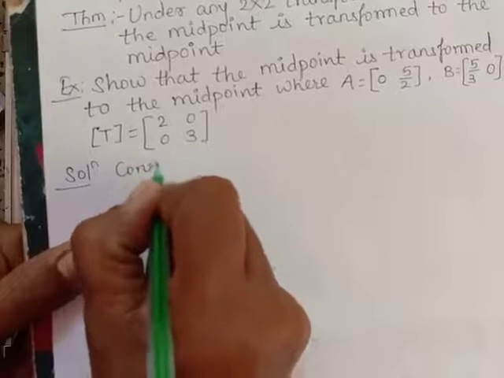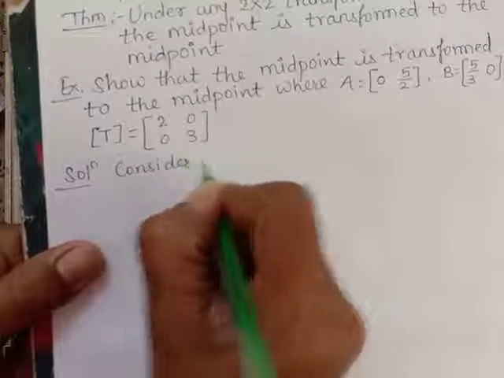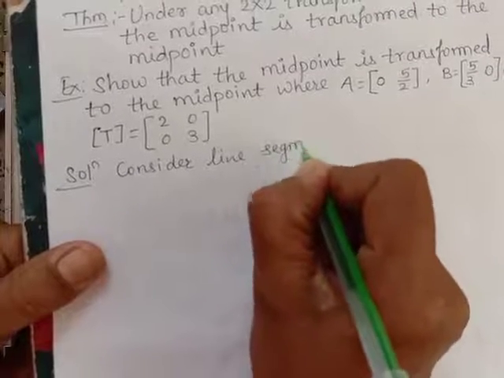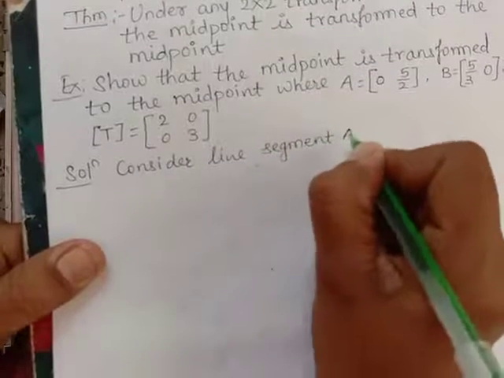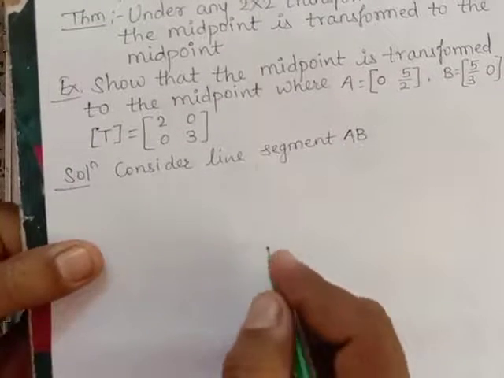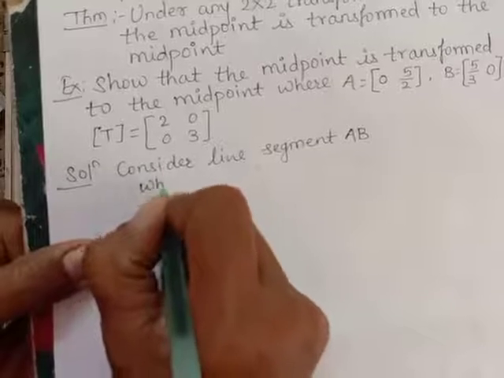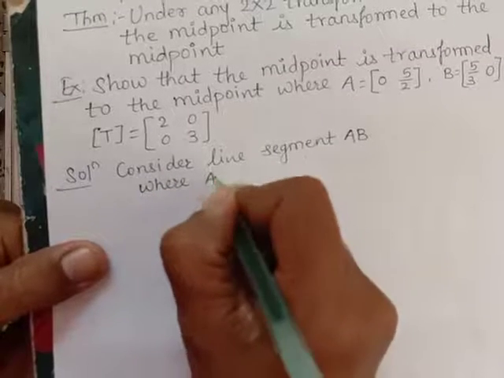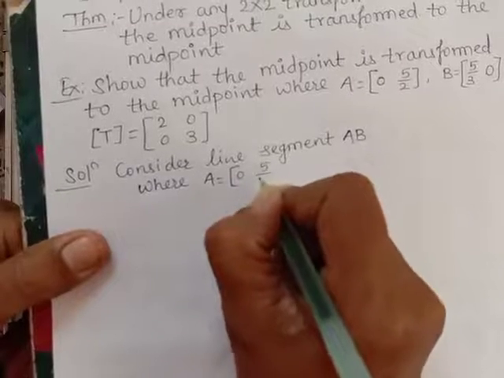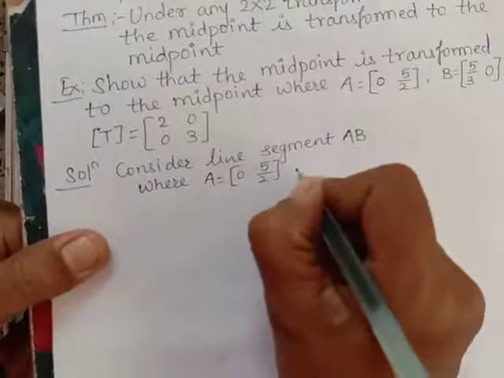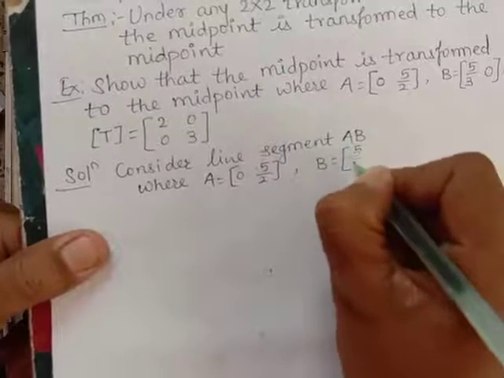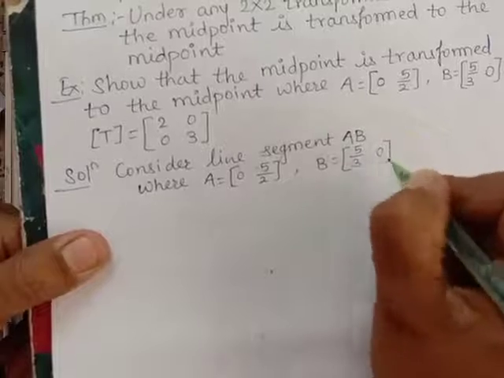Consider line segment AB where A is (0, 5/2) and B is (5/3, 0).